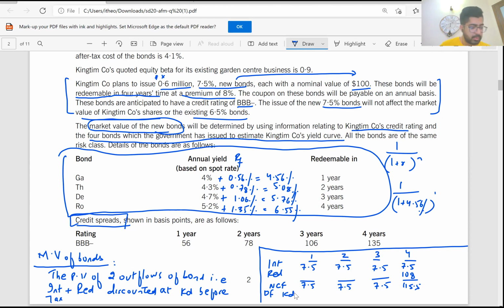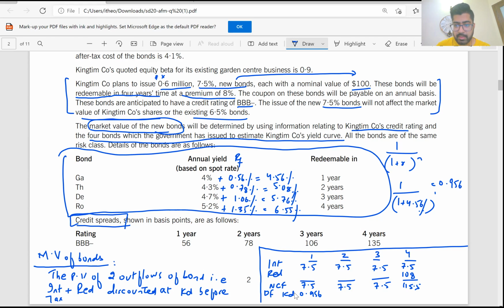So the factor for the first year is 0.956. I will not compute for each year, just giving you an idea.